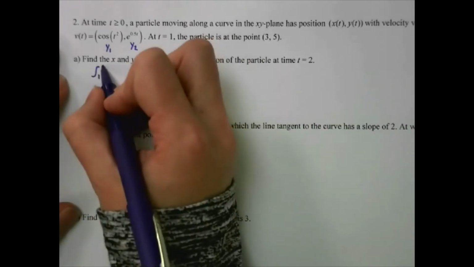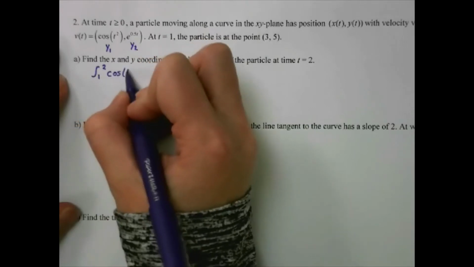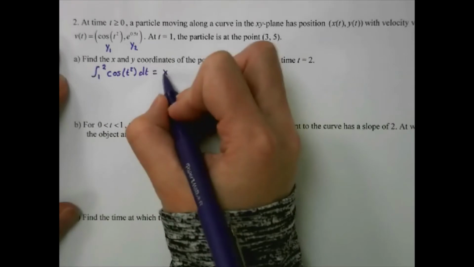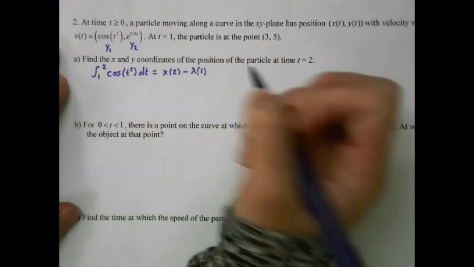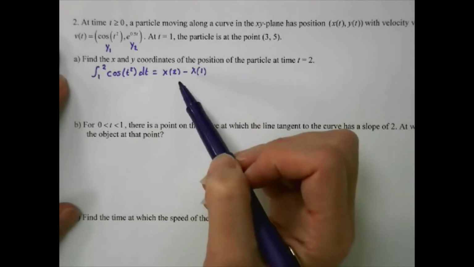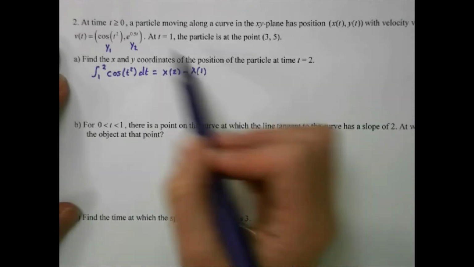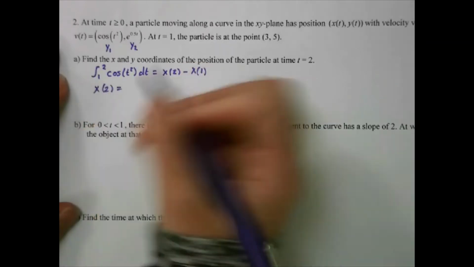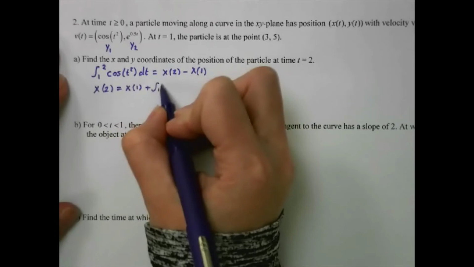So if I do the integral from 1 to 2 of cosine t squared, that's going to give me the position at 2 minus the position at 1, right? The integral of velocity is position. Well, this is what we're solving for, so we're going to add this over. So x of 2 is going to be the position at 1 plus that integral.